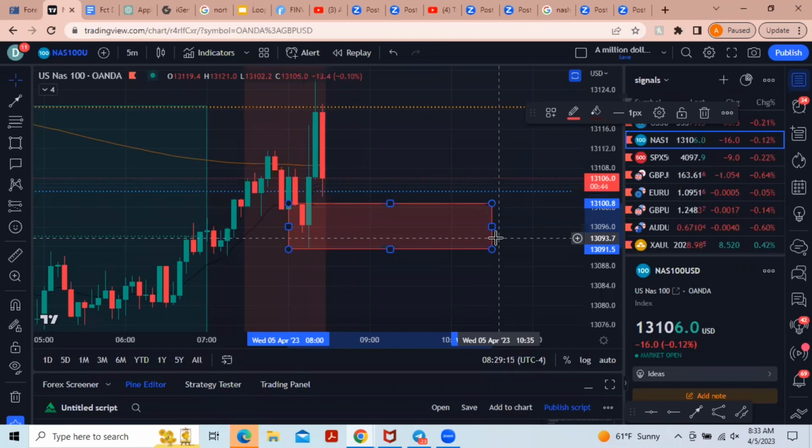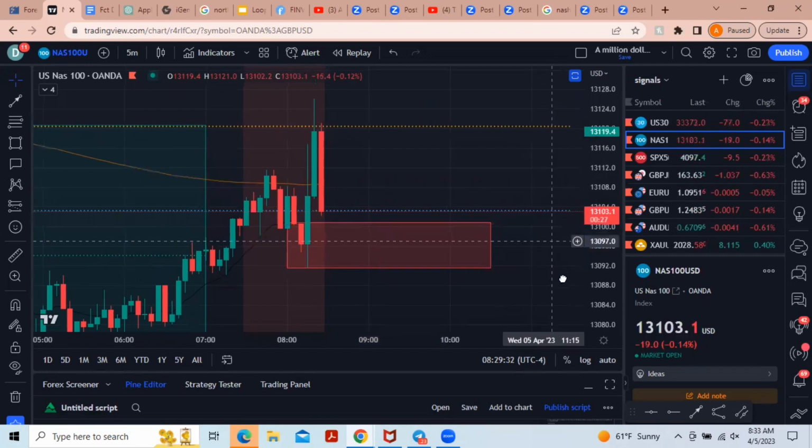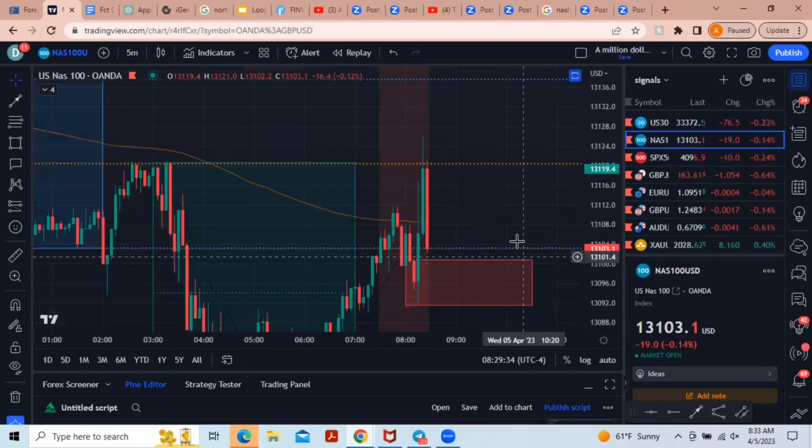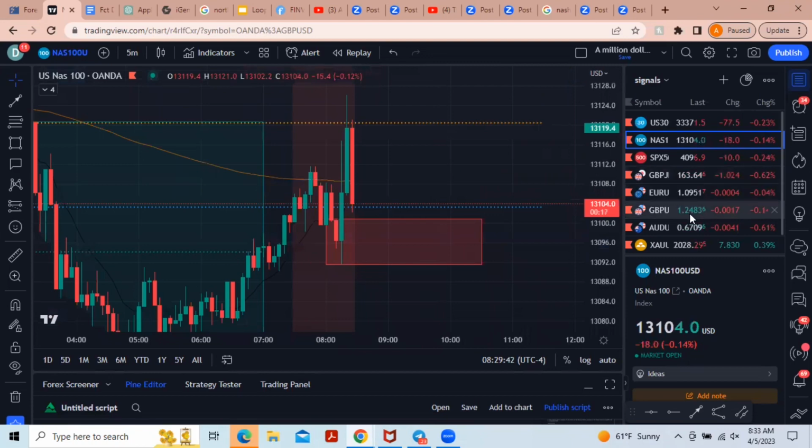It's starting to reject. Starting to reject. I definitely wouldn't hop in this one aggressively though. 100%. I would not hop in as soon as it taps it. Just gotta wait for some good price action.